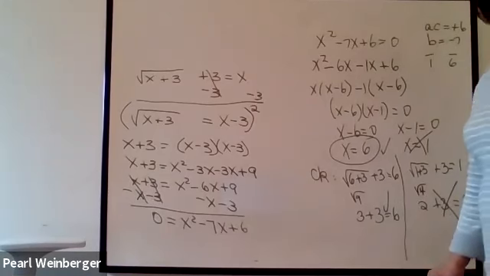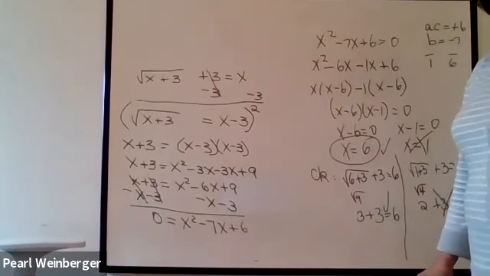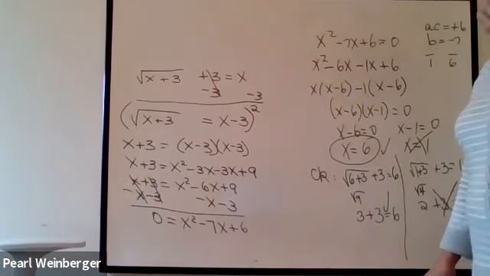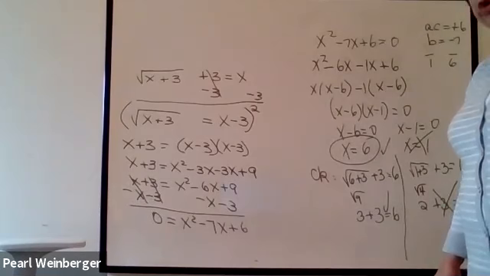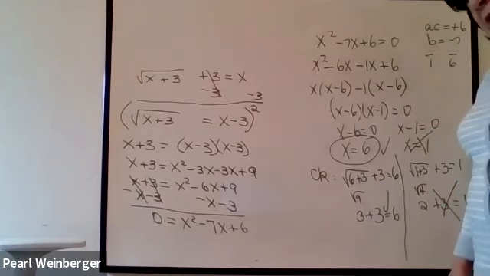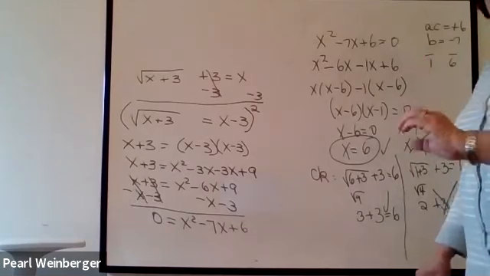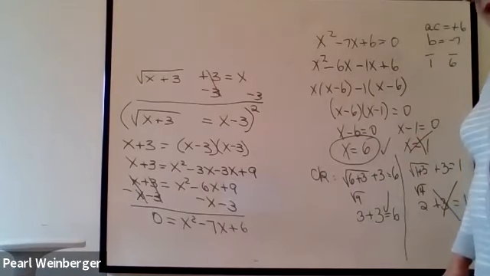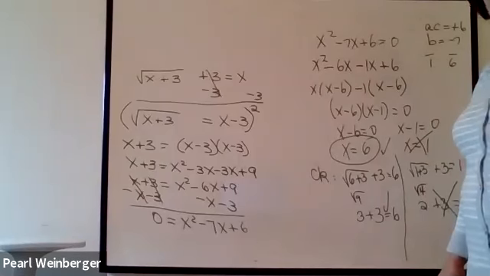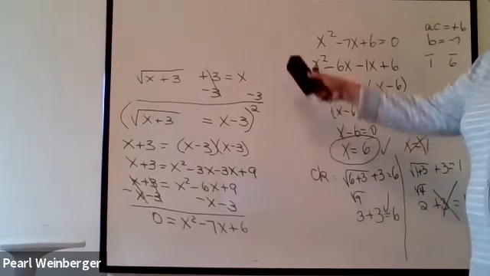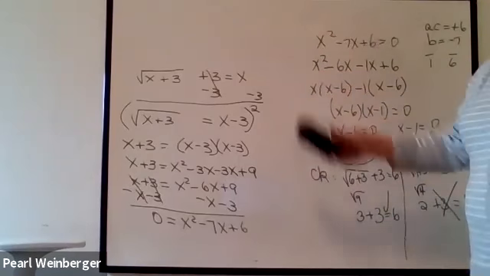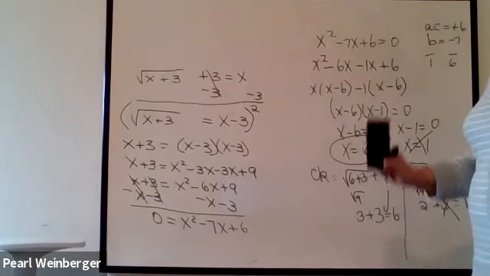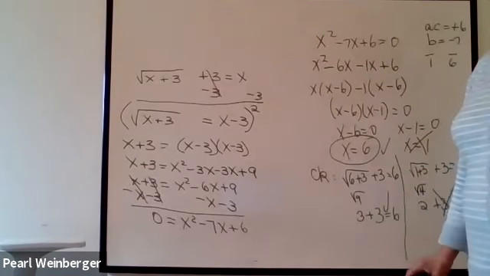As a matter of fact, if you're doing one of these questions on a final exam where it is a multiple choice question, not on Delta Math, because on Delta Math you have to do all the work, but on any multiple choice test where you're given choices, instead of doing all the work, just take the answers and check them.